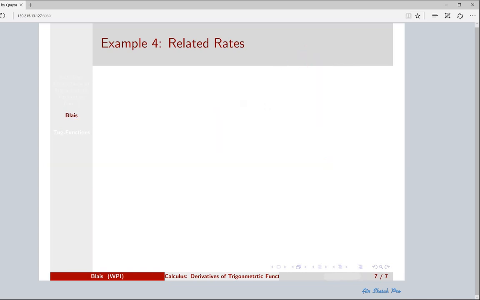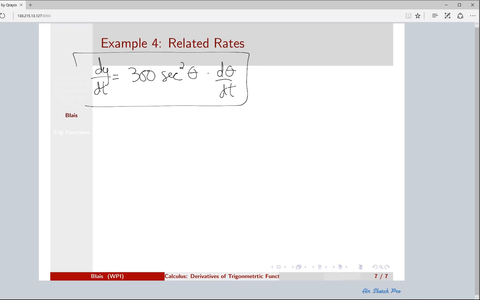So let's come back. Let's summarize things. We just said dy dt was 300 secant squared theta times d theta dt. That was the big result that we put together with our mathematical model. And again, we're told d theta dt is 1 degree per second. And at that moment, theta is 45 degrees. So what we want to do now is get things in terms of radians.